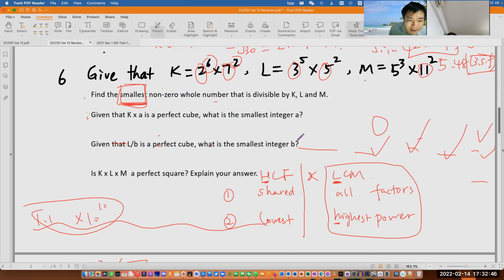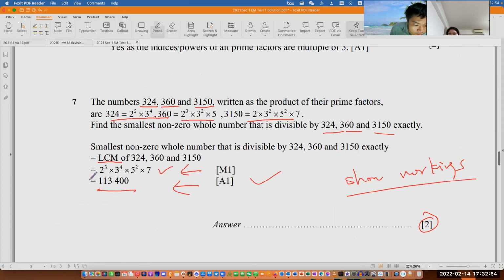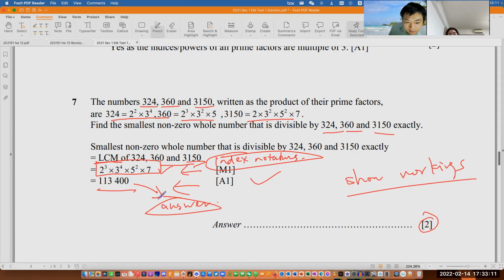Unless the question says index notation, if not, you have to give the answer. This one is index notation, question 7. This is the answer. So you need to read the question, what they want. Do they want index notation or do they want the answer? Are you clear? Before we proceed.